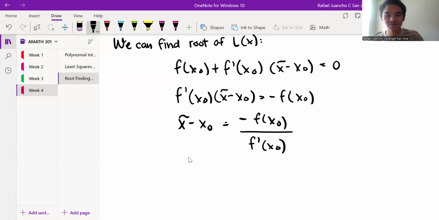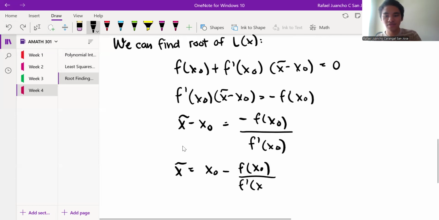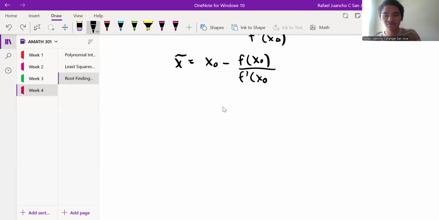And then there we have it. So my x tilde is x naught minus this guy. And so that's the algebra behind finding this root.